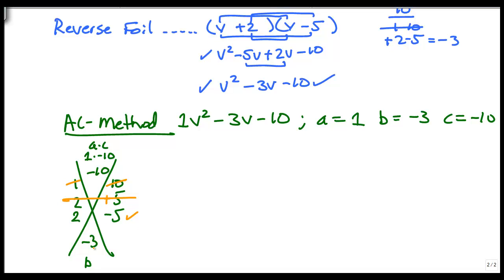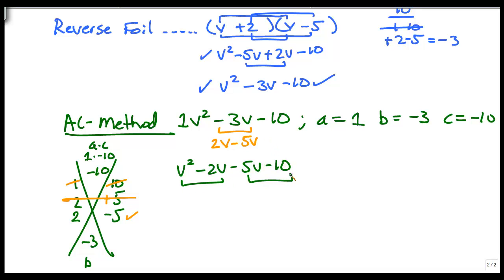And then we rewrite this negative 3v. We take this negative 3v and we rewrite it as 2v minus 5v. Now, could you rewrite it as negative 5v plus 2v? And the answer is yes. You might have to rearrange your terms though. So we have v squared minus 2v minus 5v minus 10.